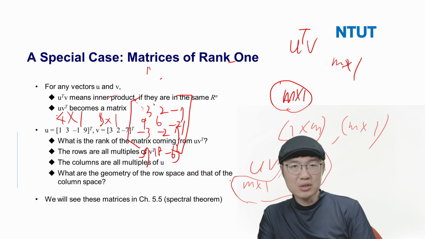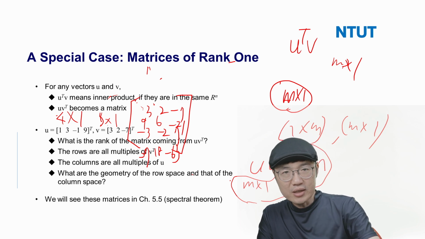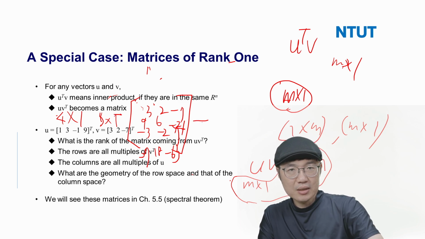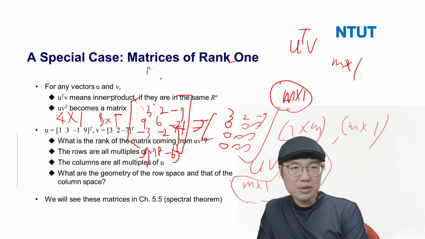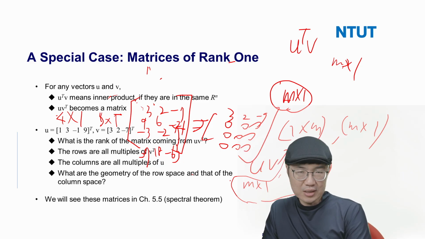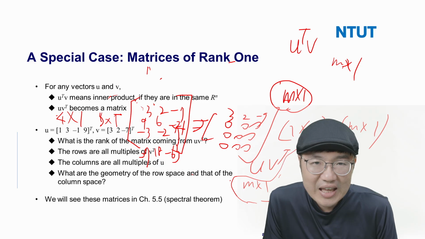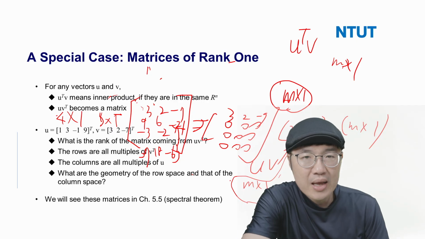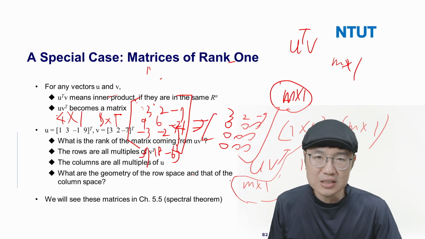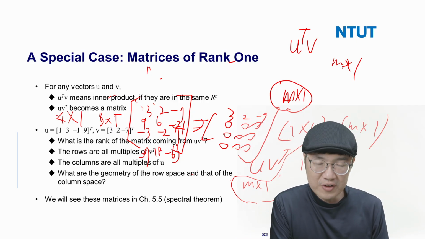So if you perform Gaussian elimination, this must be 3, 2, minus 7, and 0, 0, 0 for all the remaining rows. It will be a rank 1 matrix because each row is found by a multiplier of the first row. And similarly, each column is found by a multiplier of a column.